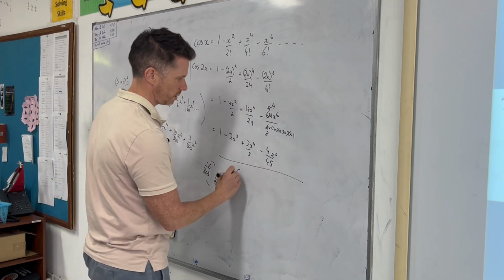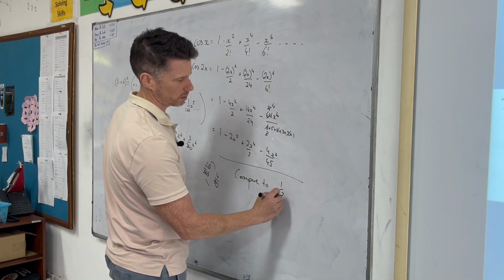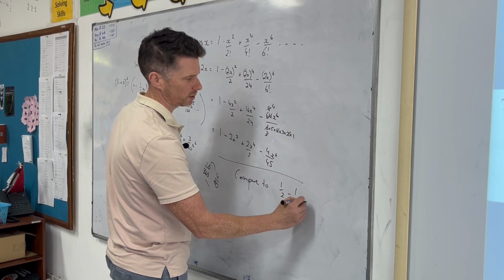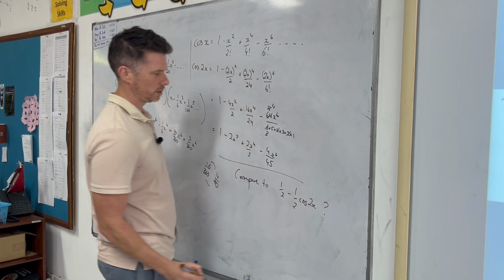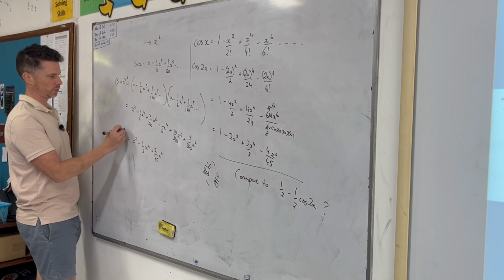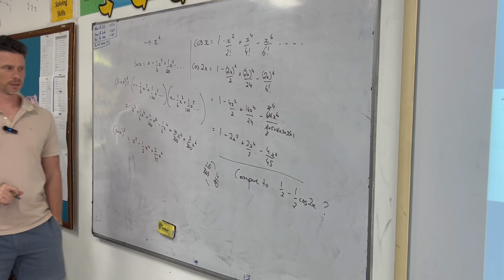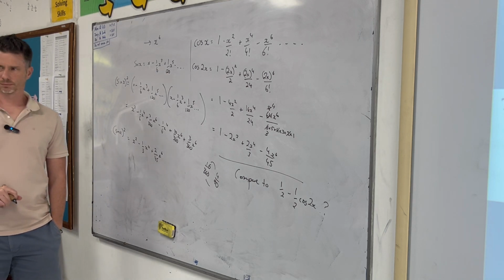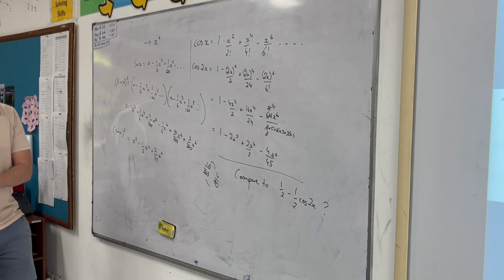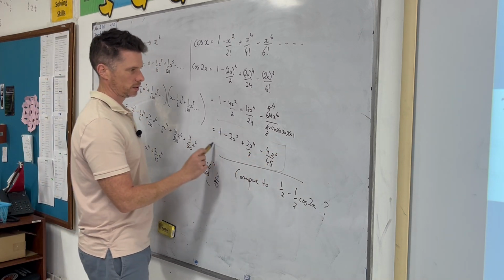So we want to compare to this. Why do you want to compare to that? We want to compare this result, which is the result for sine x squared, to this. Well, we got this already.